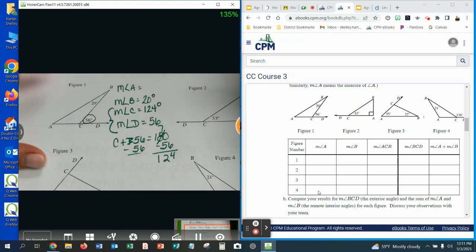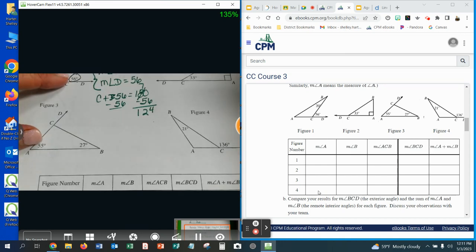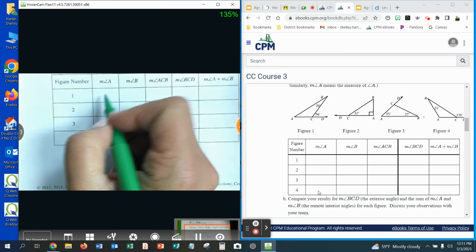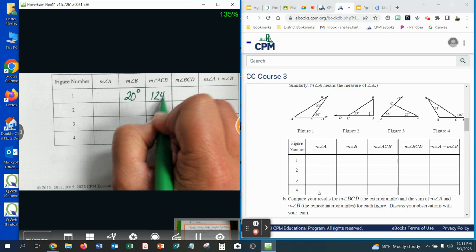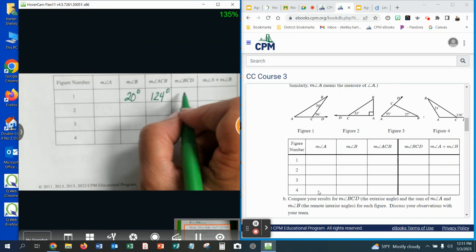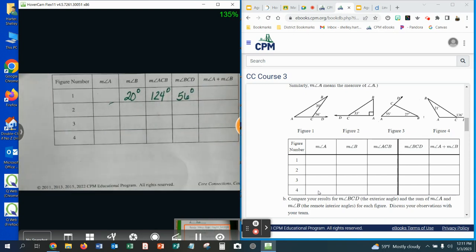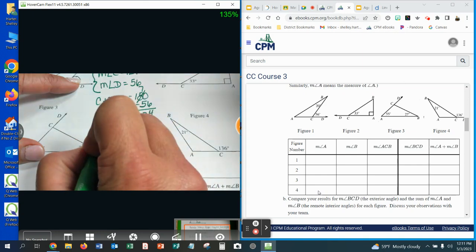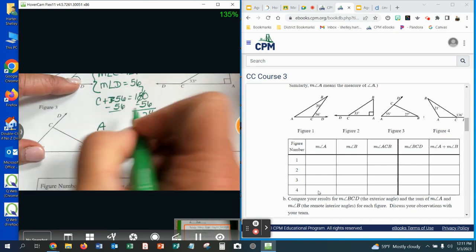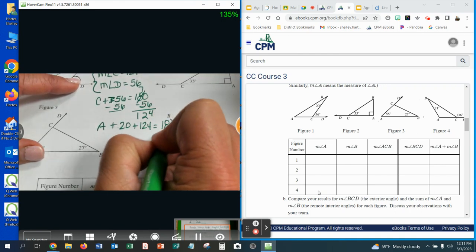Okay. Now, don't forget to write this on the bottom of this. So number 1, we've got B at 20 degrees, C is 124, and D is 56. And A plus 20 plus 124 equals 180.